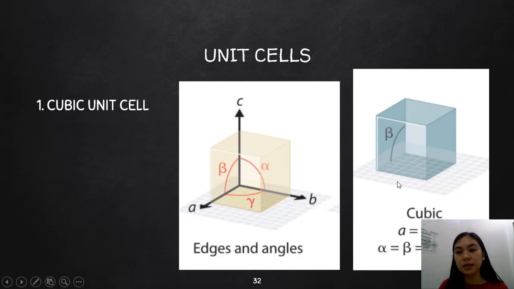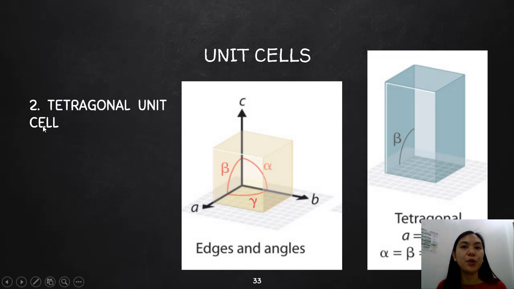And of course, since it's a cube, you all know that the angles alpha, beta, and your gamma are actually equal to 90 degrees. Kasi the sides are perpendicular to each other. So yan po yung isang type ng unit cell. Para lang siyang cube. So, cubic unit cell. Imagine niyo yung granule ng sugar is a perfect cube. Parang ganun po.